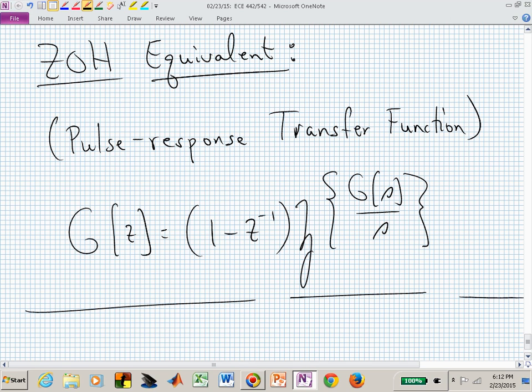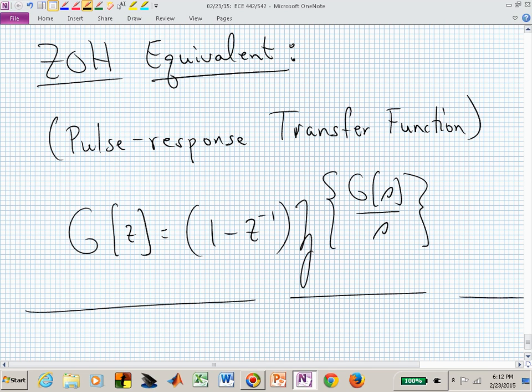And what I want you to do between now and exam 2 is get very comfortable with making this computation, or finding these G of Z's, these zero-order hold equivalents. To get you started, we aren't even going to jog initially, let's just crawl. Let's do this for a very simple G of S and see what happens.